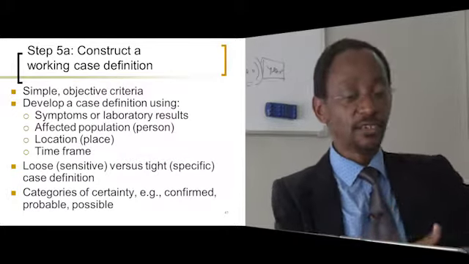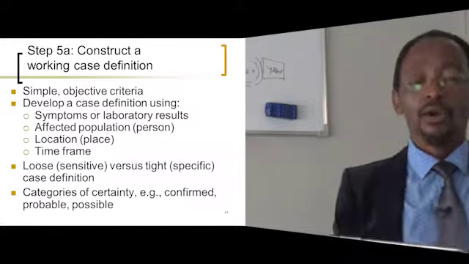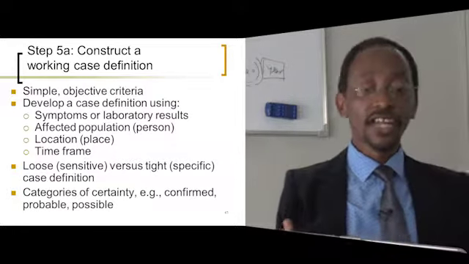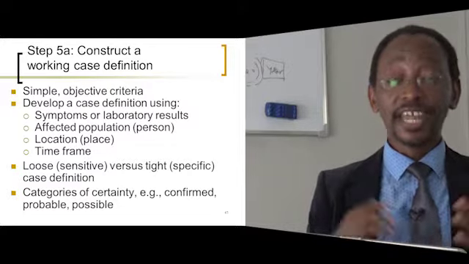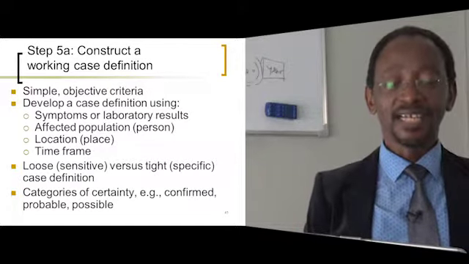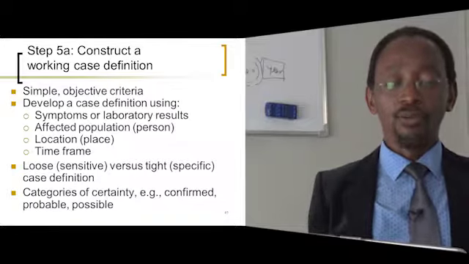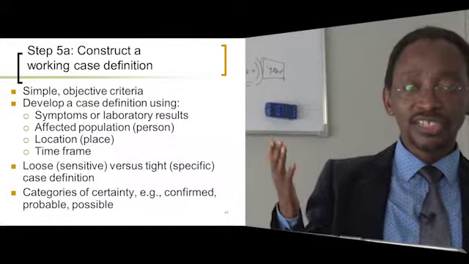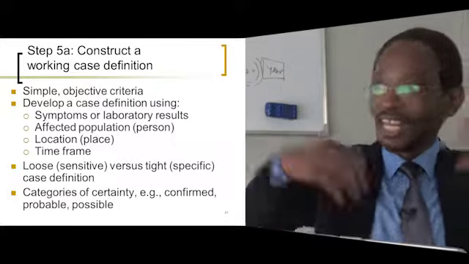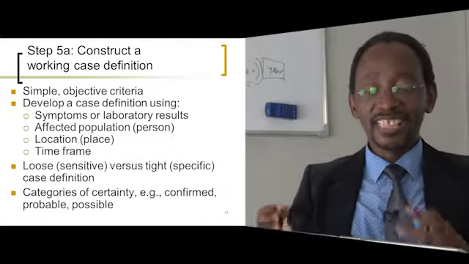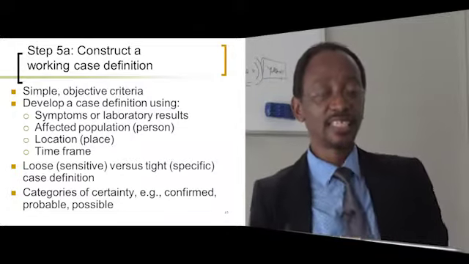Signs are the things you find on physical examination. We may use laboratory results, affected population, the person, the location, that is the place, the time frame. We balance between a loose, sensitive case definition. If it is loose, it's very sensitive, and we are likely to get everybody. Or a tight, very specific case definition.